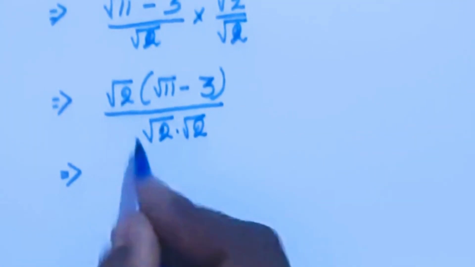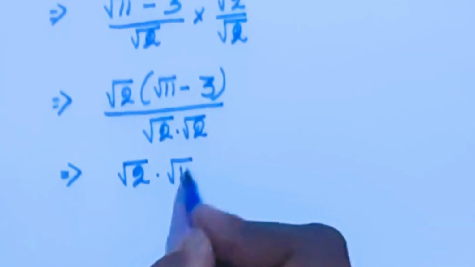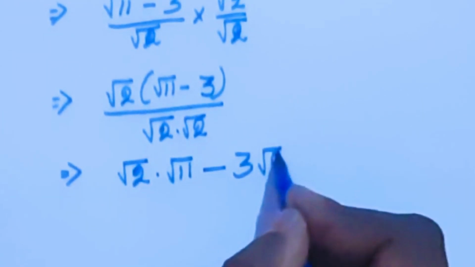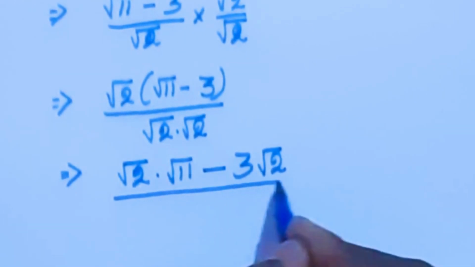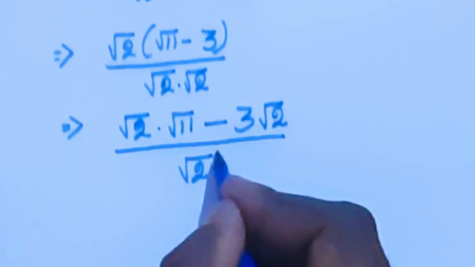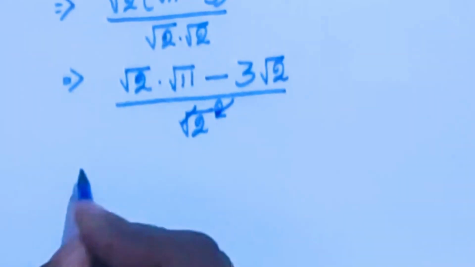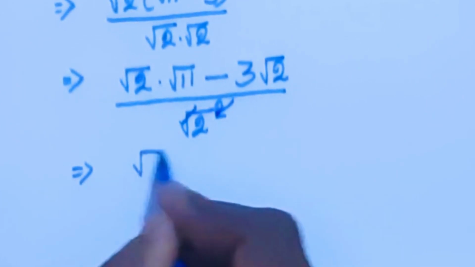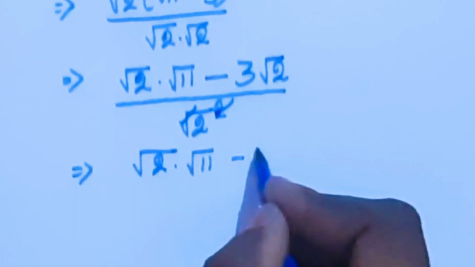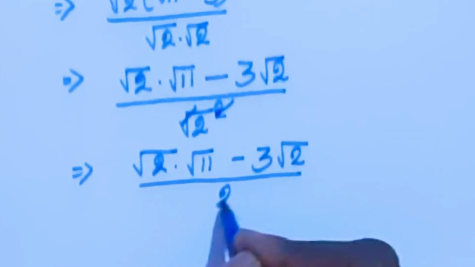Now multiplying this, square root of 2 times square root of 11 minus 3 times square root of 2 by, this is square root of 2 square. Now the square and square root will cancel each other. Now we have square root of 2 times square root of 11 minus 3 square root of 2 by 2.